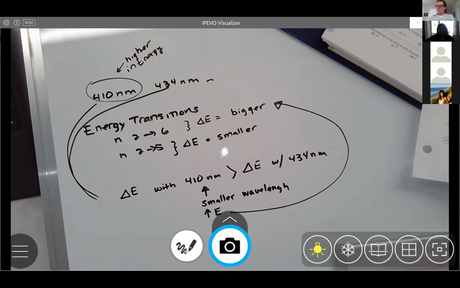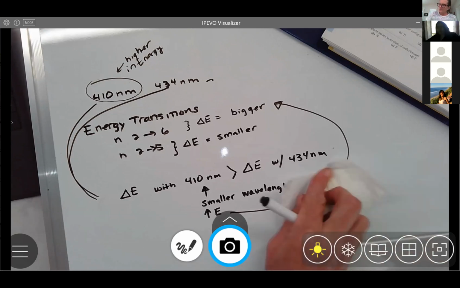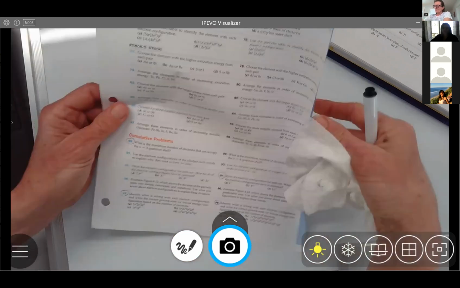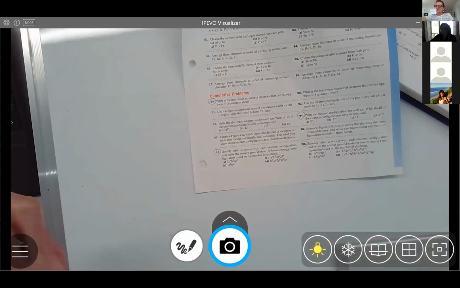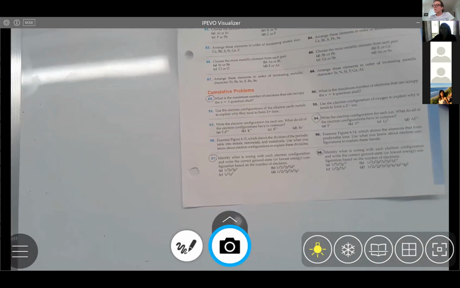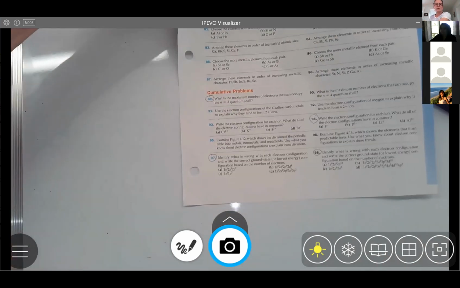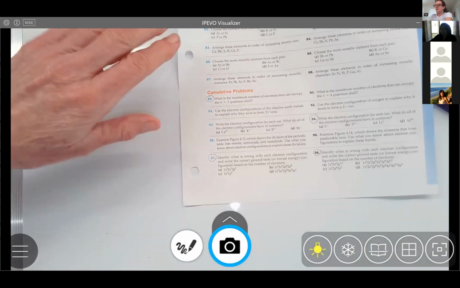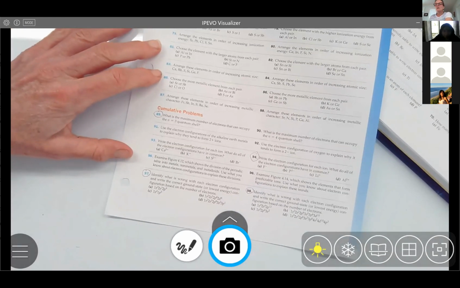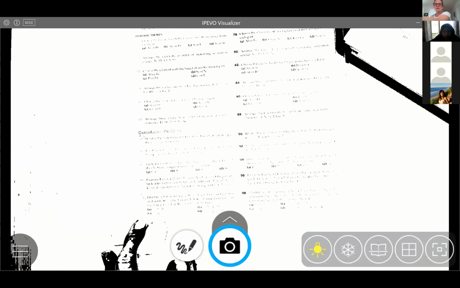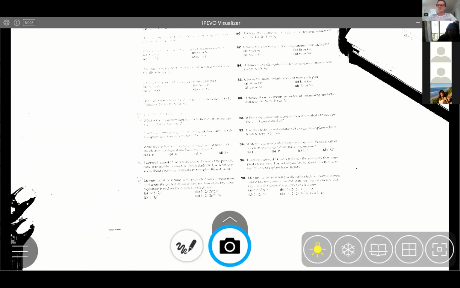I've got some questions from the end of the chapter that I thought were good. Let me pull up this. Okay. I'm gonna erase this. Let me see. Can you guys see number 89? Ooh. Uh-oh, what did I just do?